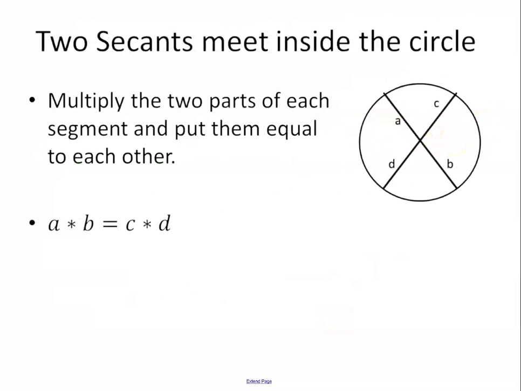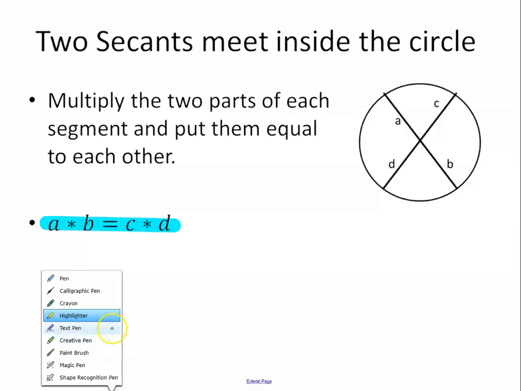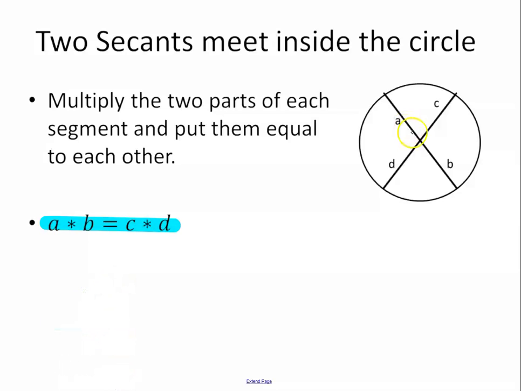And then the final possibility is when you're given two secants that are meeting inside, or two chords. Technically these are chords, but we're just talking about them this way because we're looking at where they begin and end. And so here each chord is split into two parts.